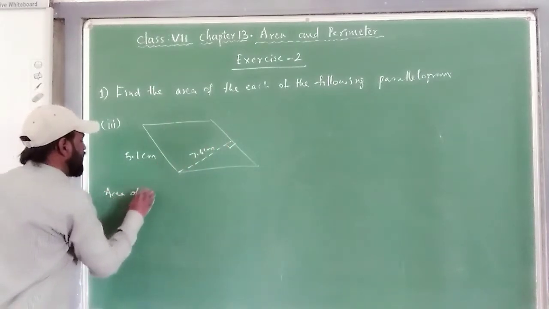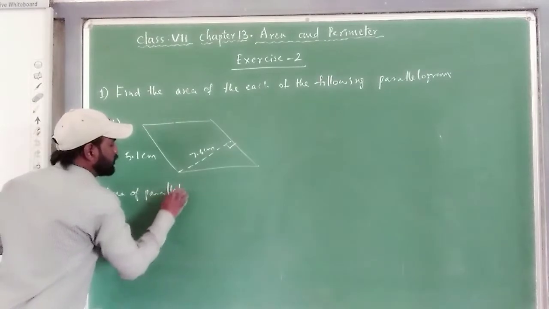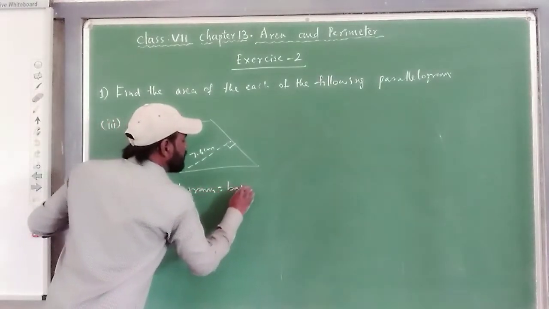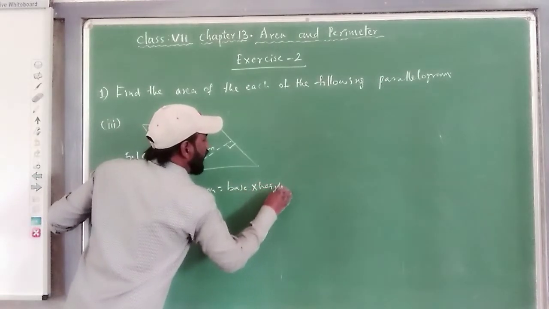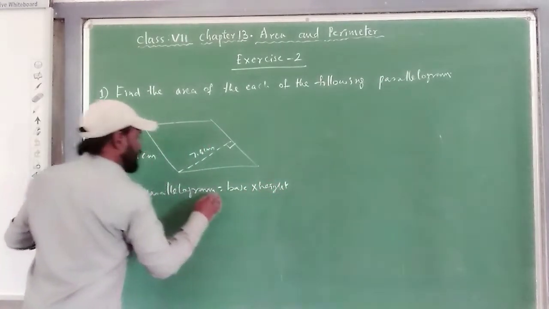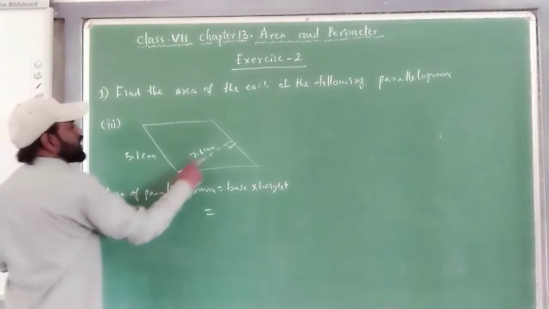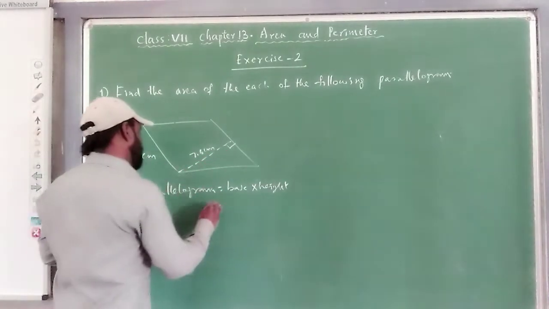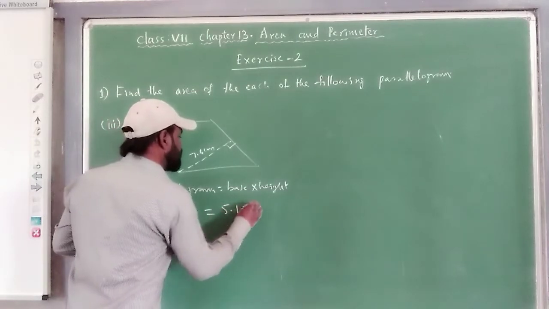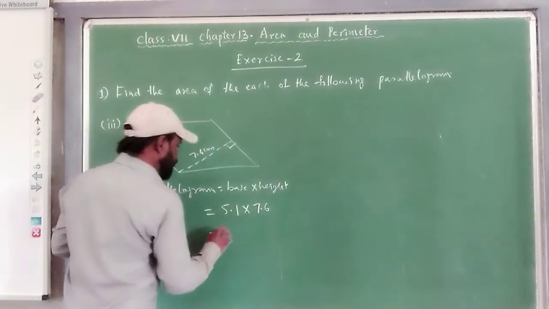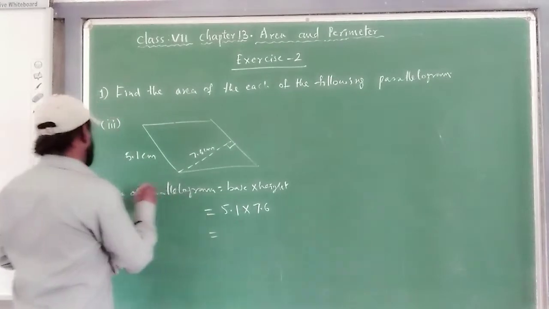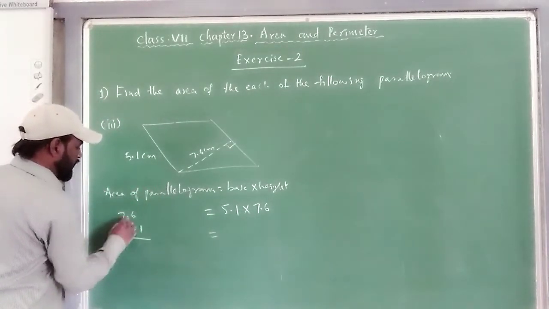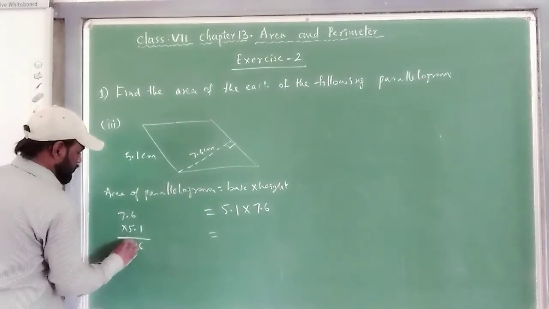The area of a parallelogram is base into height. However you take, the two values are going to be multiplied. So 5.1 into 7.6. Multiply these two. First 1 times 6 is 6, 1 times 7 is 7.